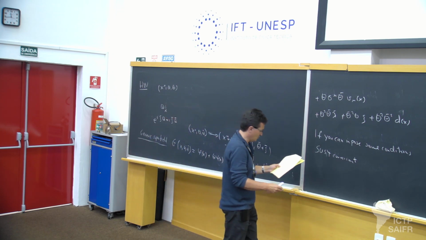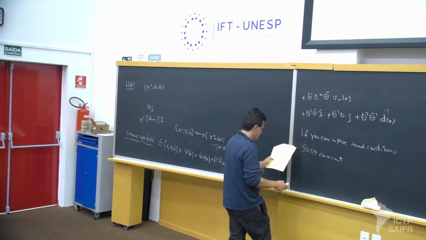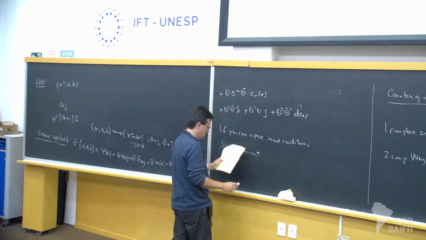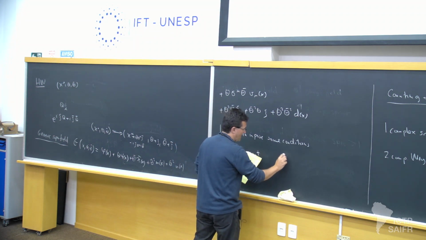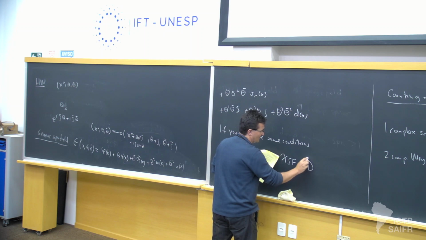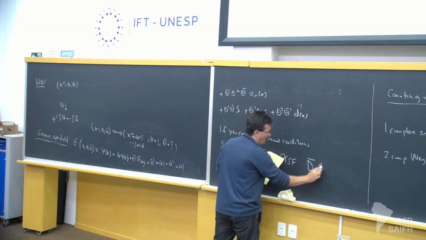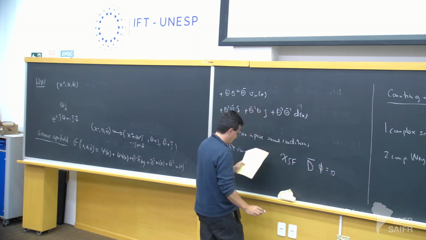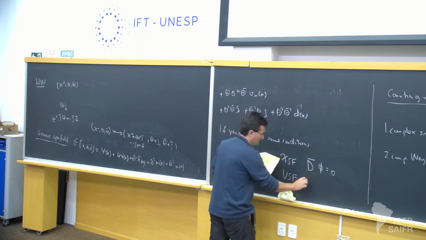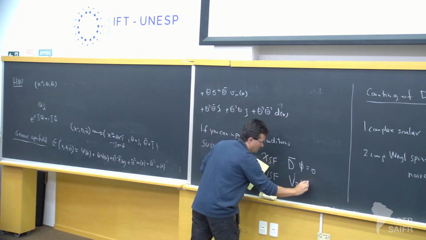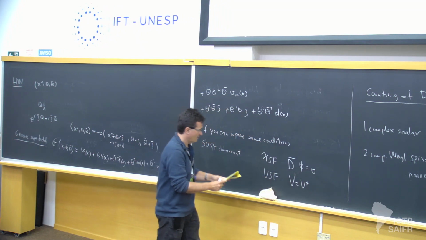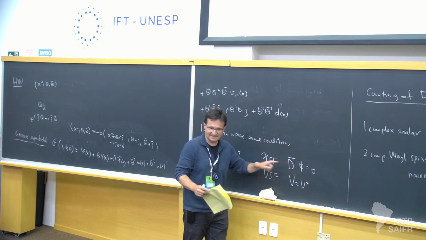What people usually do is they found these relatively simple conditions. For the chiral superfield, the condition is, and I will explain what this means, d bar of phi is equal to 0. For the vector superfield, the condition is just that it's a real generic superfield, so that V equals V dagger. Now, what does this symbol mean?